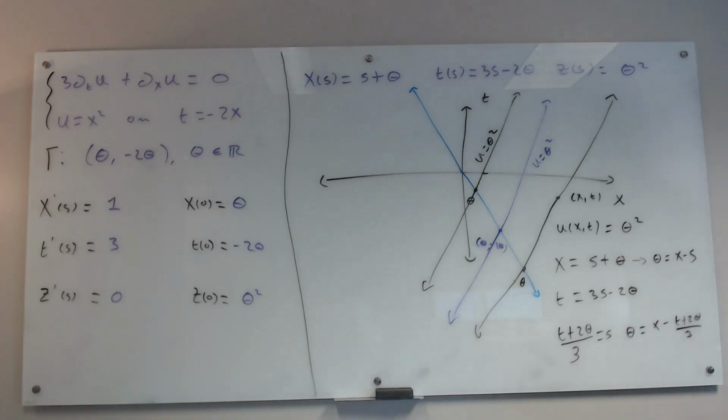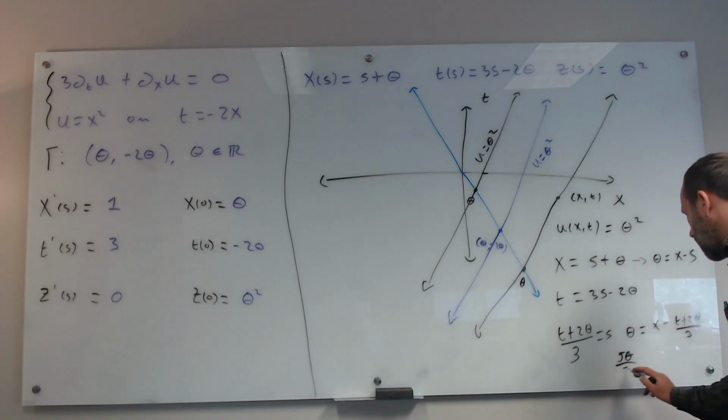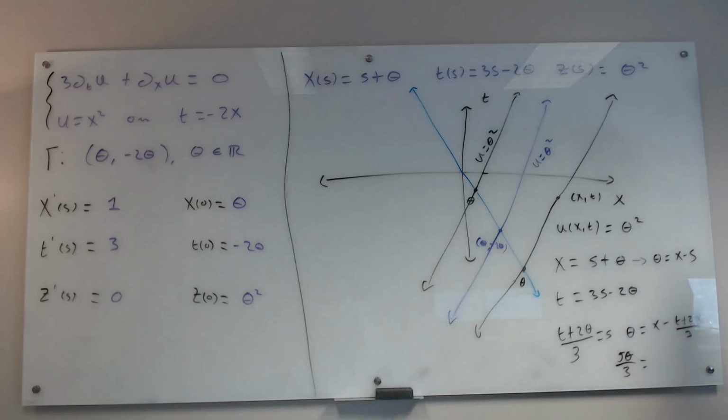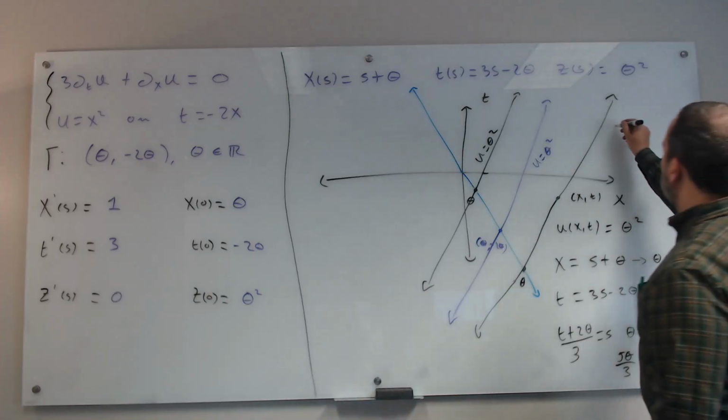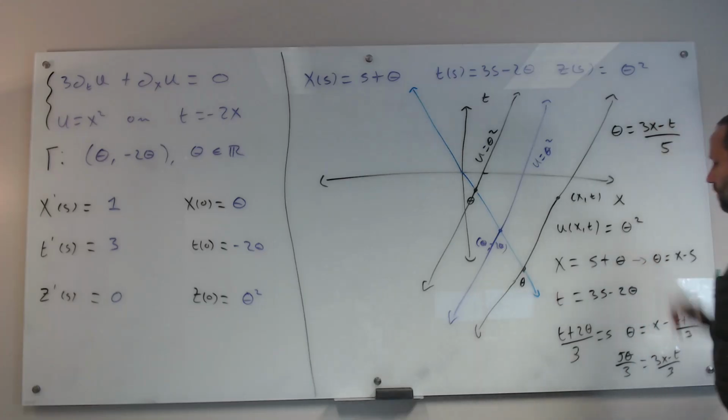So if I add 2/3 theta to both sides, on the right hand side I'm going to have 5/3 theta. 5 theta over 3 is equal to x minus t over 3, or I can write that as (3x minus t) over 3. If I multiply both sides by 3, I get theta is equal to (3x minus t) over 5. So theta is equal to (3x minus t) over 5.